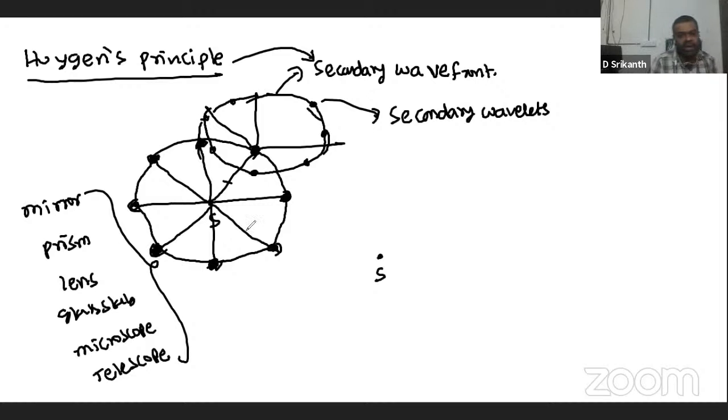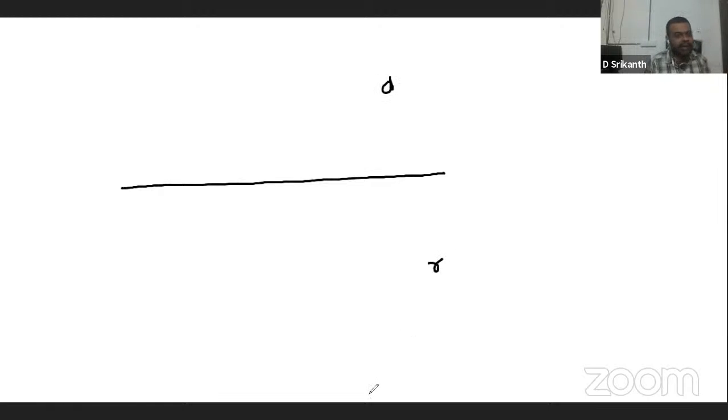Now let us consider an interface such that this is the denser medium and here it is the rarer medium. Whenever a light ray is incident, suppose this one A and then B, the incident ray will have a wavefront.